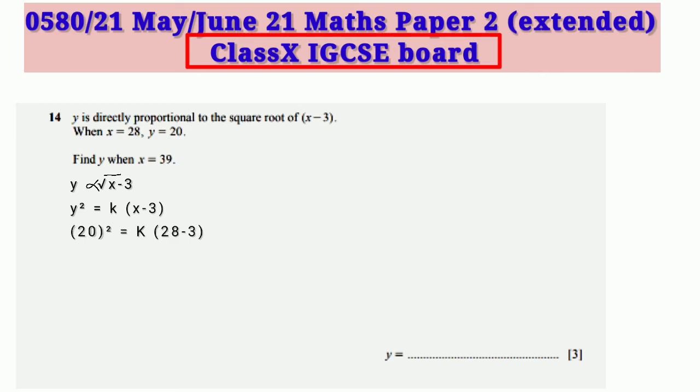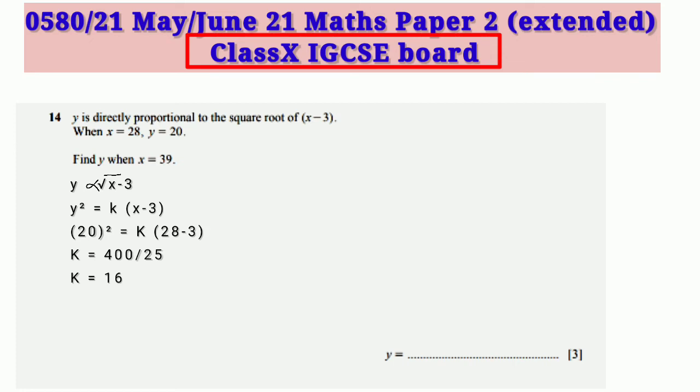So we have the equation y² = k(x − 3), where k is a constant. We will substitute values of x and y. x = 28 and y = 20 is given, so we will substitute here. We get 20² = k(28 − 3). So we have k = 400/25, which comes to 16.